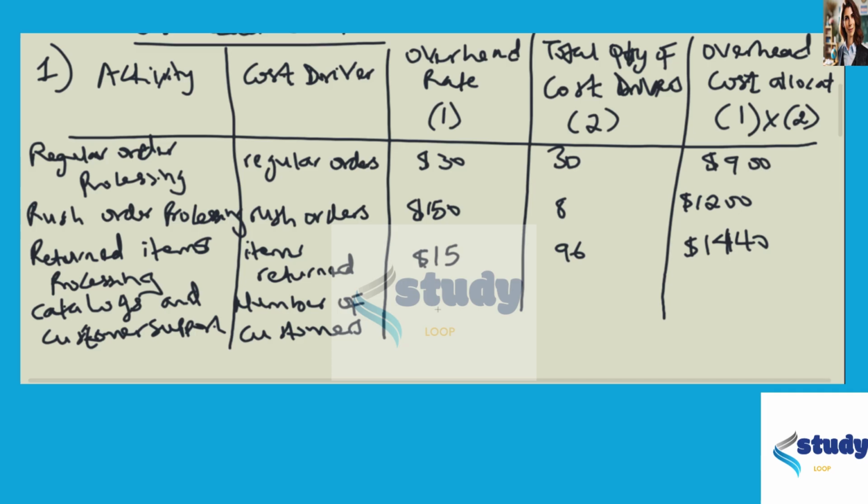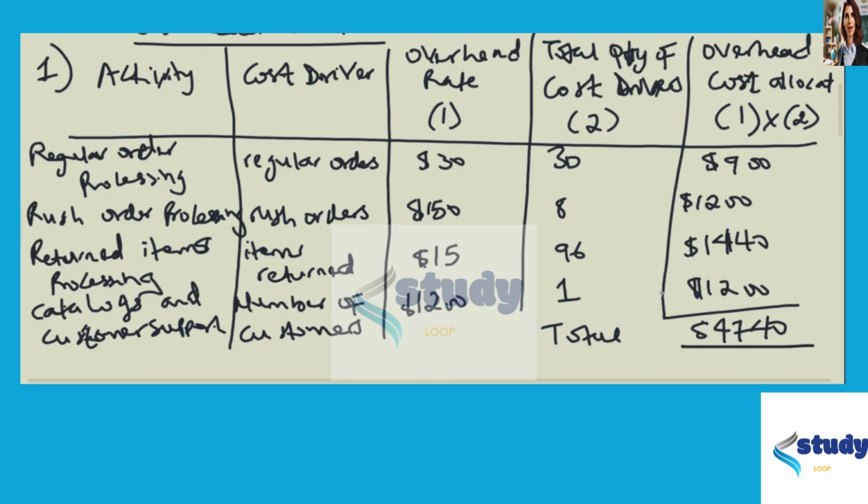And the overhead rate is 1,200. The total quantity is 1, and therefore the total would be 1,200. So now the total would be $4,740, and this is for customer 1.